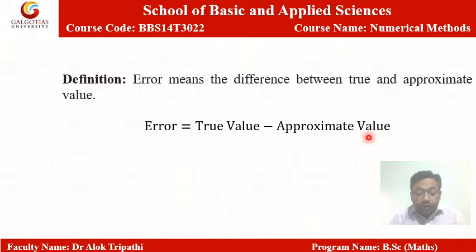We cannot use 3.33333 up to infinity. If we want to use a decimal, then we have to use something like 3.33 or 3.333. So we shall be using an approximate value of that number 10 by 3.